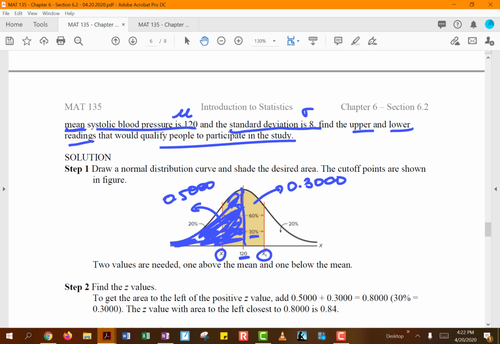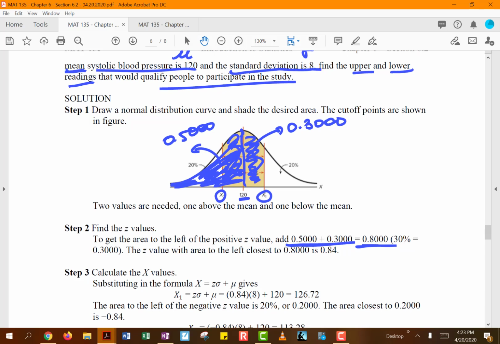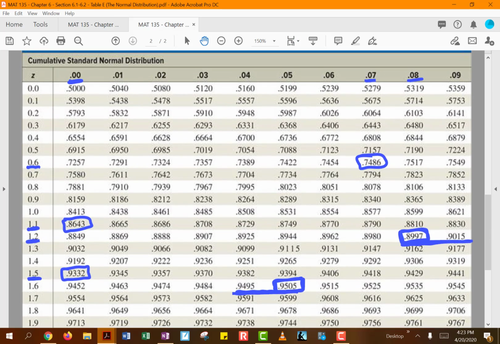So if I add this 30% to it, it gives me a total area of 80% or 0.800. So that's going to be this blue shaded piece on the left hand side, and then of course this 30% here towards the right of the mean. So together we have 0.8000 as our area.